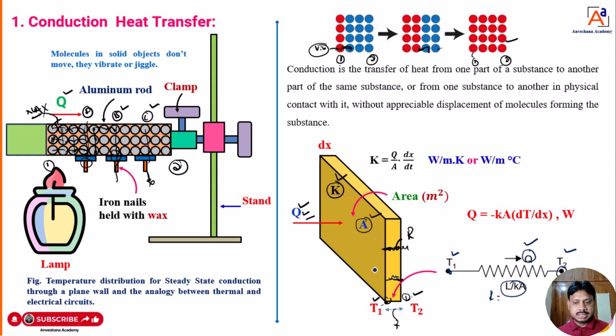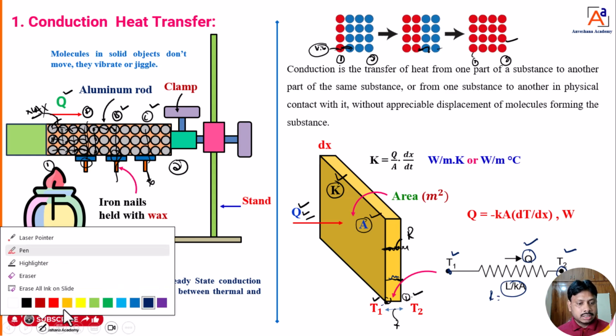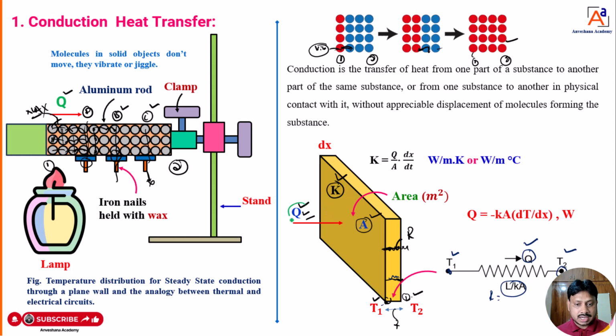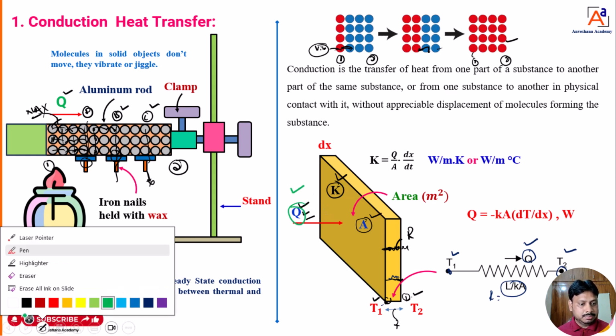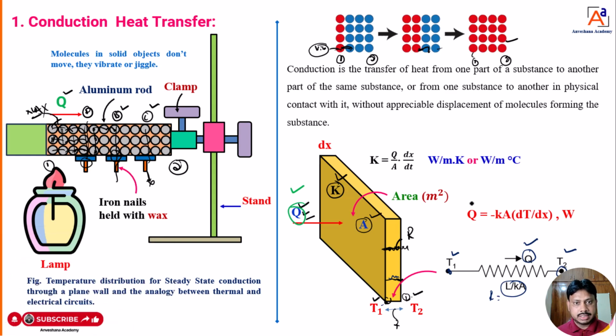With the help of this temperature and resistance, plate thickness, area of the metal plate and thermal conductivity, I can calculate the rate of heat transfer, or the amount of heat transfer per unit time. That is nothing but Q. So with the help of that equation, easily I can calculate the rate of heat transfer.